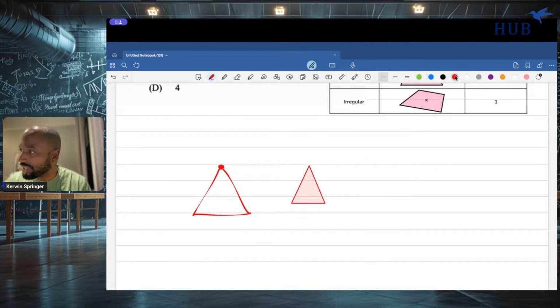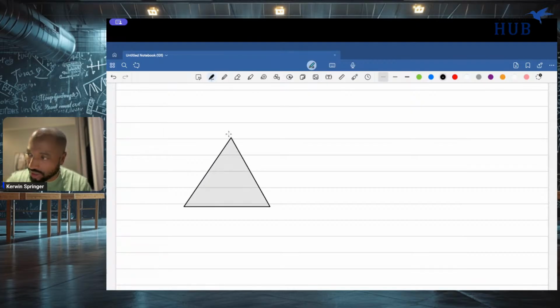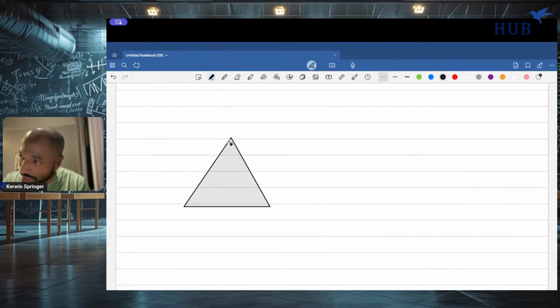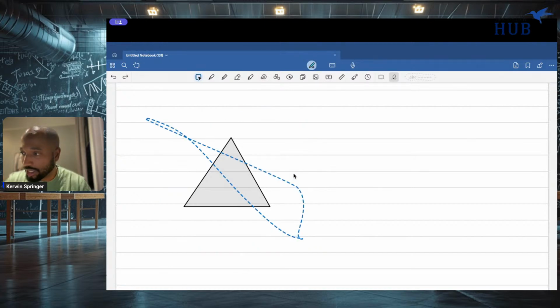Rotational symmetry means if you could spin it around, it will superimpose on itself. So let's take an equilateral triangle, and let's say I secretly put some invisible ink right there. Now I could draw over this equilateral triangle, and then undo the invisible ink, because remember it's invisible.